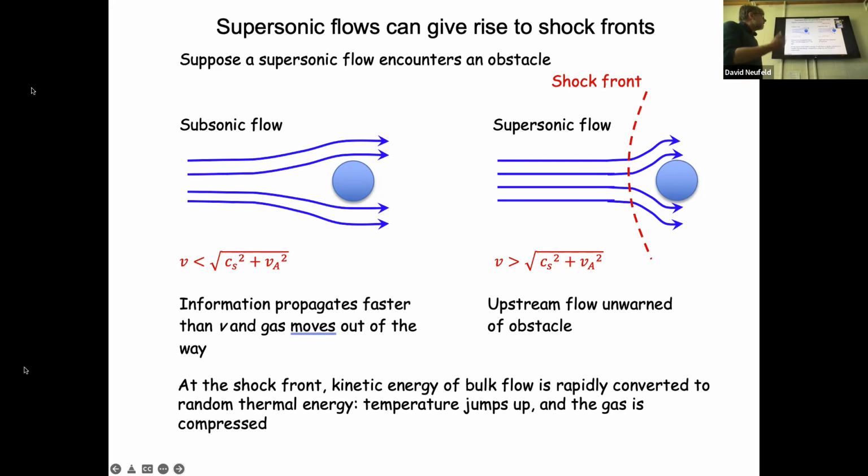Then on the other side of the shock front, it's subsonic and can be diverted. So this shock front is typically a thin region where the kinetic energy of the bulk flow is rapidly converted to random thermal energy. The temperatures achieved behind a shock front can be very high. Basically, kT is going to be of order 1/2 m times the square of the shock speed.